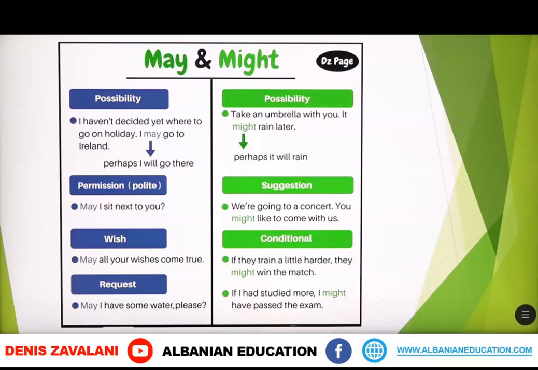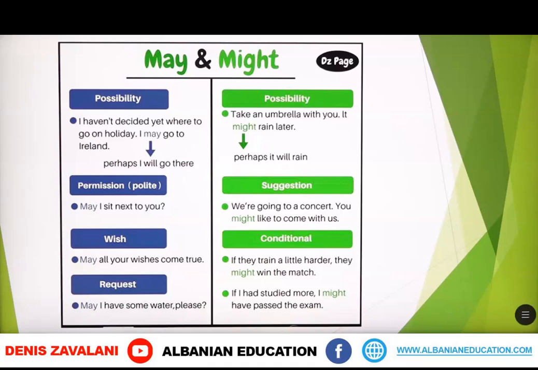For example, I haven't decided yet where to go on holidays. I may go to Ireland. This means that perhaps I will go there. Or might, again, we can use to express possibility. Take an umbrella with you, it might rain later, which means that perhaps it will rain.